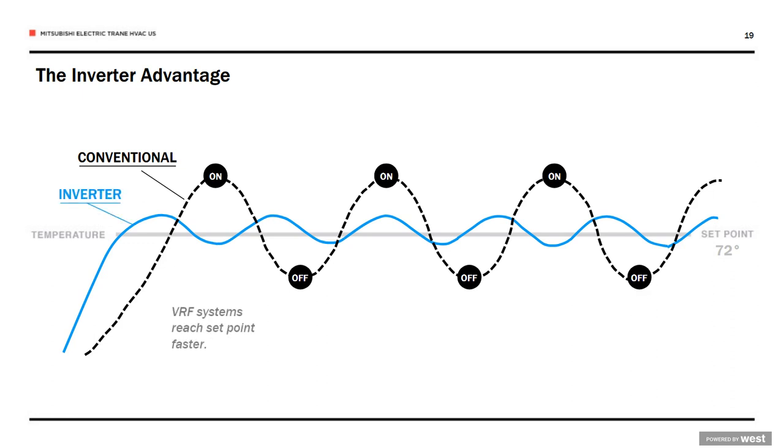So what does this offer you as far as comfort? First of all, if you take a look at this dotted black line, you can have a wild variation of temperatures with the conventional system. This can be 4 or 5 degrees. With VRF, it's much tighter. This can be 1 to 2 degrees.